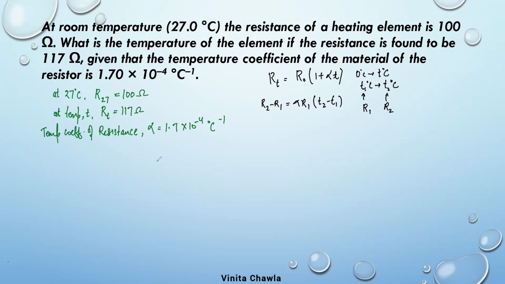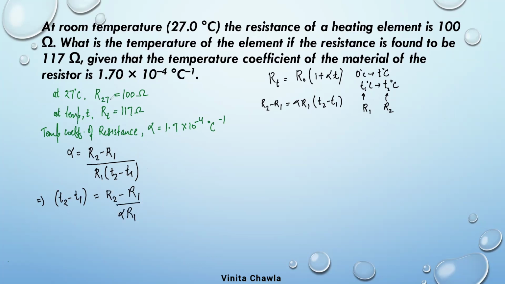Alpha is equal to R2 minus R1 divided by R1 times T2 minus T1. It is like the two-point form in maths. So T2 minus T1 can be written as R2 minus R1 divided by alpha R1.